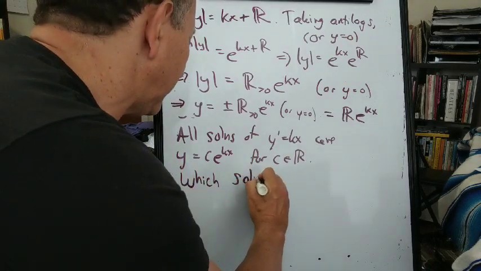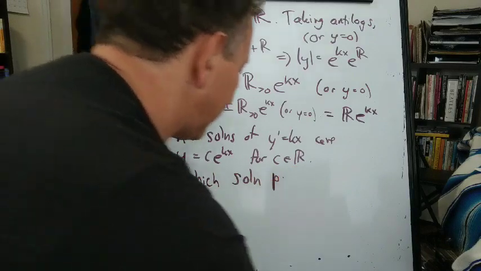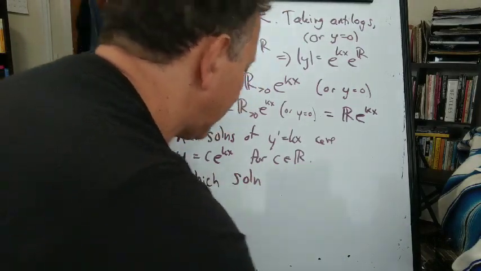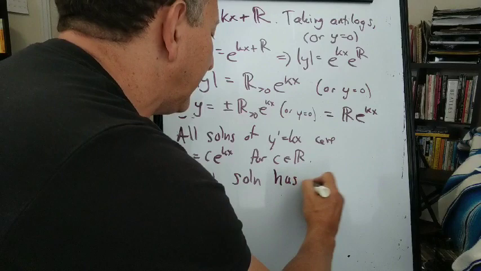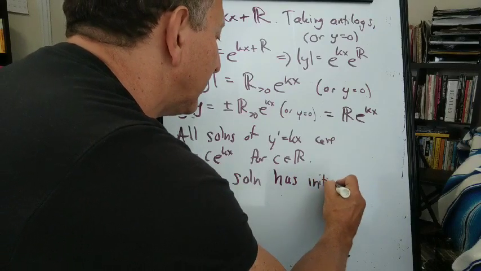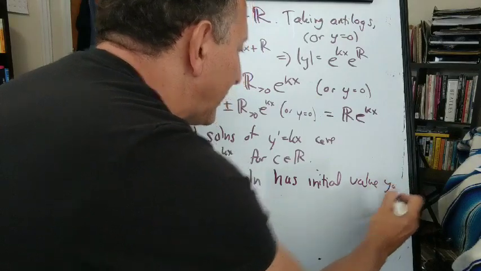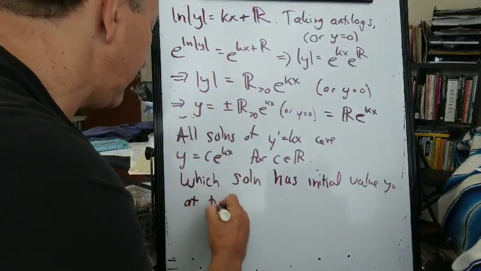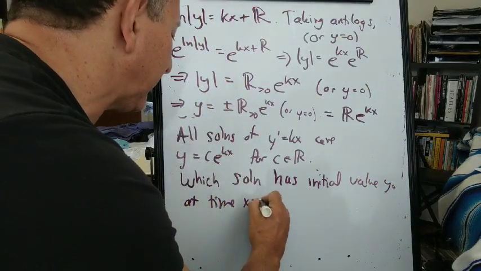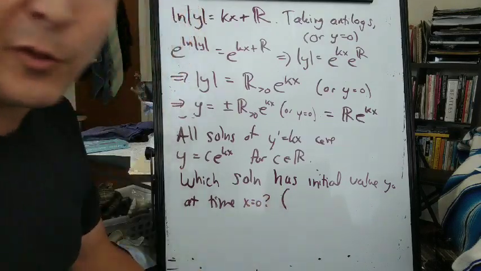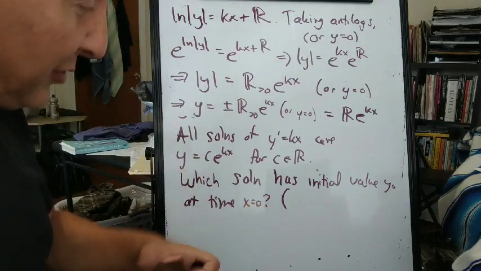So which solution has, let's say, initial value y naught at time x equals 0. That's just another way of saying which solution passes through 0, y naught.